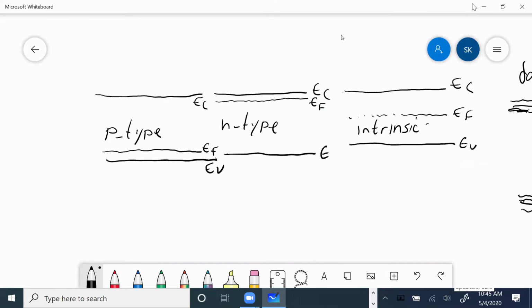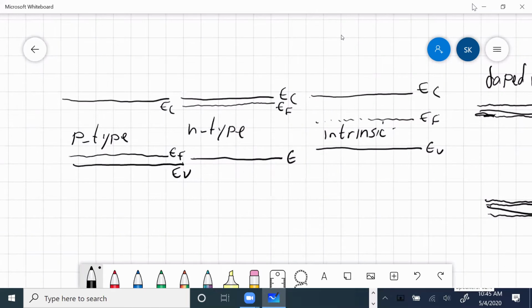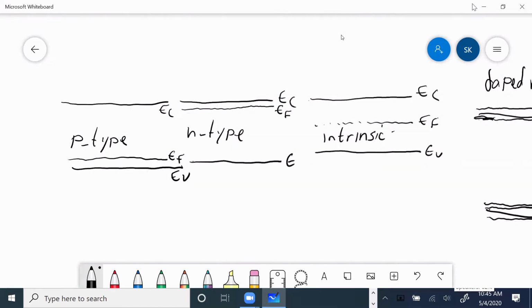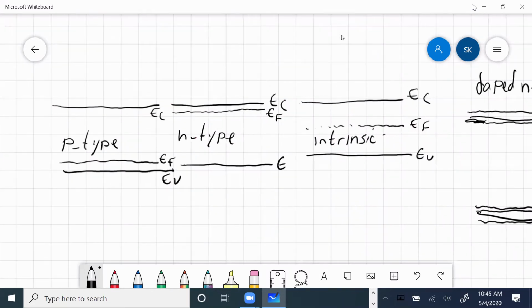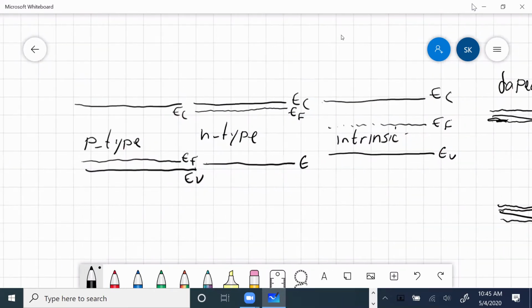And how N or how P obviously depends on how close this Fermi level is to either the conduction band or the valence band.